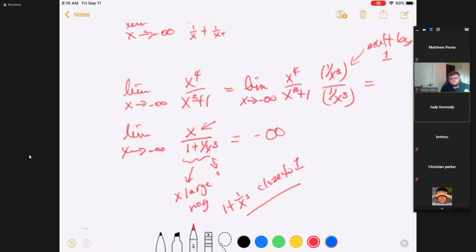Just looking at this, I have a 4th degree polynomial divided by a 3rd degree polynomial. The top numbers, as you go to plus infinity or minus infinity, are going to be getting large without bound in either the positive or negative direction. These numbers are getting larger faster than these numbers are, and the limit's not going to exist.